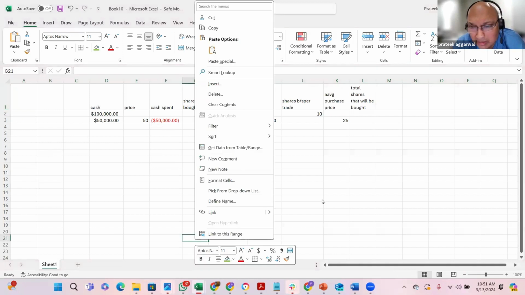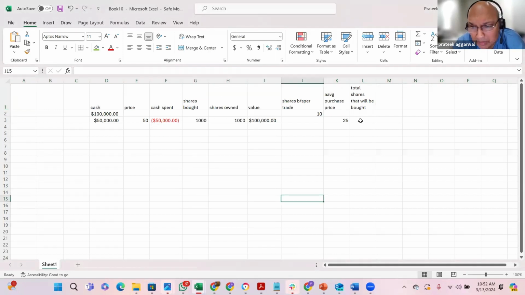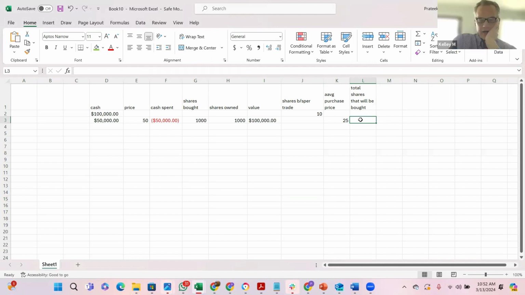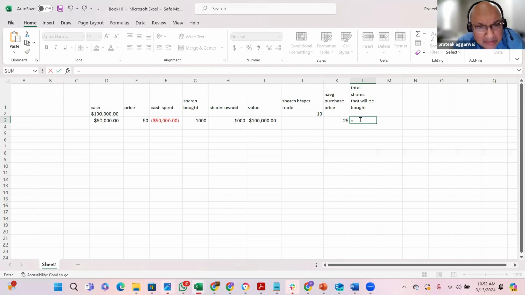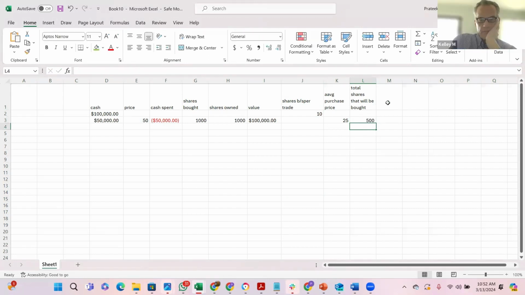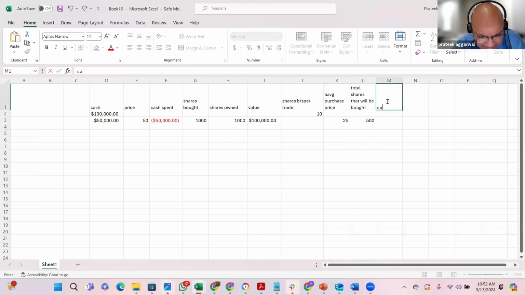So now total shares that will be bought, I'm buying at 49, 48, 47, 46, 45. So I will be buying basically 50 times E3 multiplied by the number of shares, which is J2, 10.